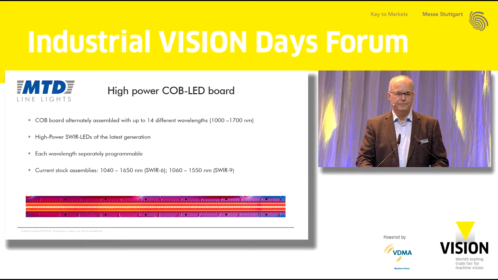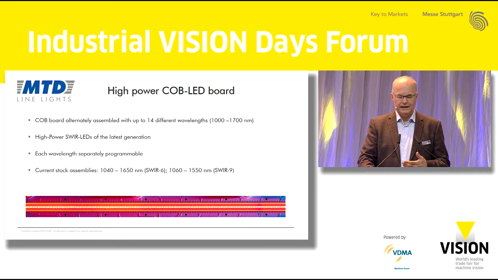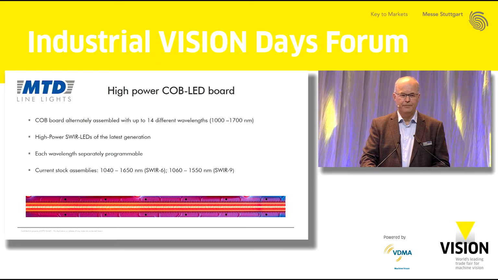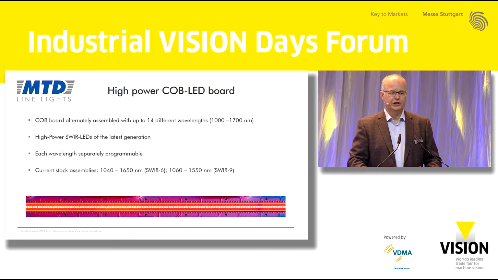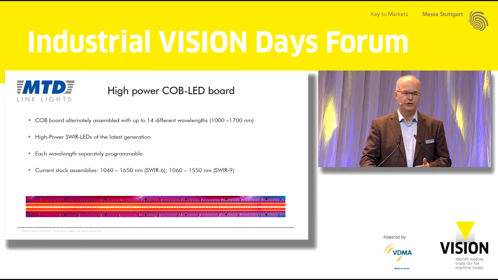The light is based on a chip-on-board LED line, which is alternately assembled with up to 14 different wavelengths. We use shortwave infrared LEDs of the latest generation, and each wavelength is separately adaptable.